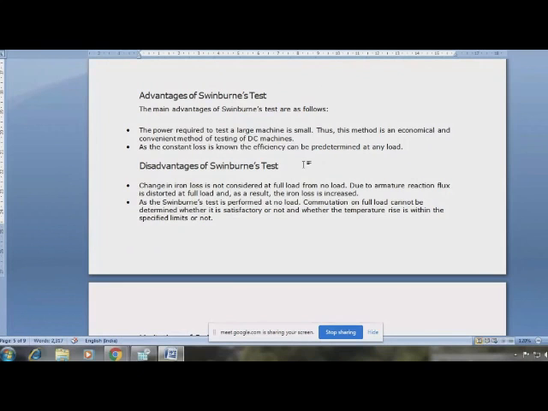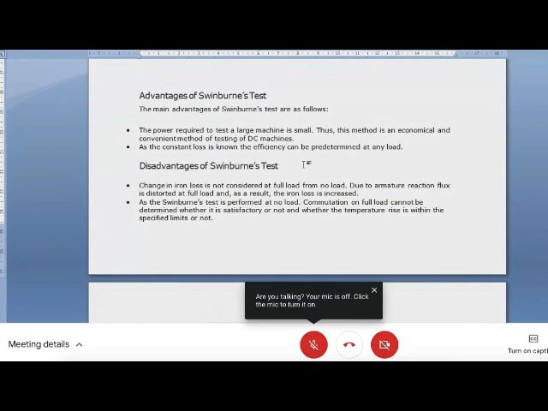But the truth is, the rotational loss will not be absolutely constant, because rotational loss varies with the speed, varies with the load also to a smaller extent. And hence, if you want a perfect performance appraisal or evaluation, this test will not be a suitable one.